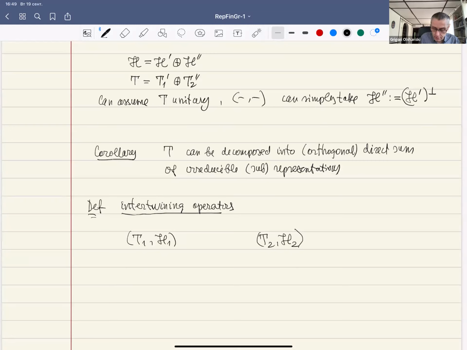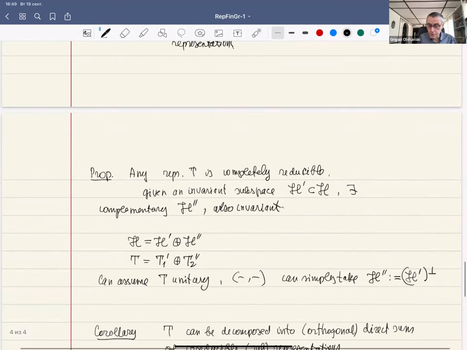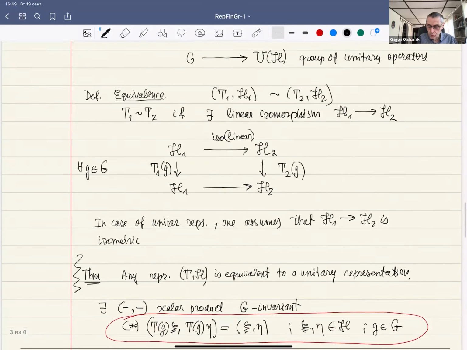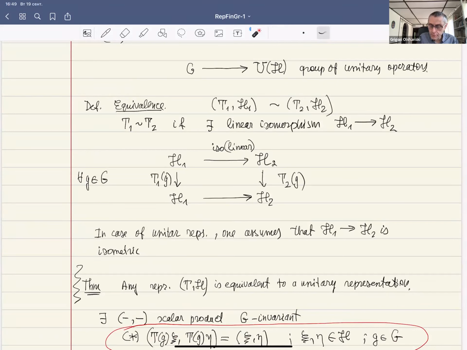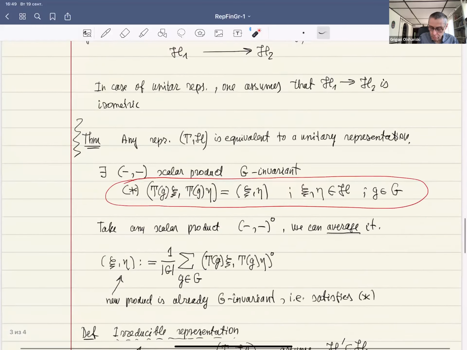And the intertwining operator is a linear operator from one space to another space, which commutes with the action of G. So this is the same picture as above, only I don't assume that this is a linear isomorphism, arbitrary linear map making such a diagram commutative for any element of our group. So such an operator is called intertwining.